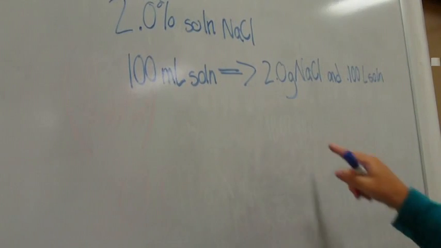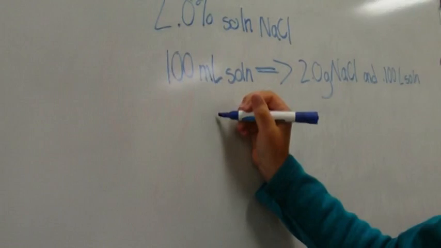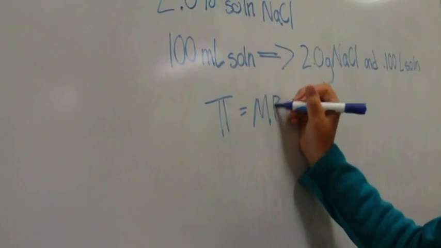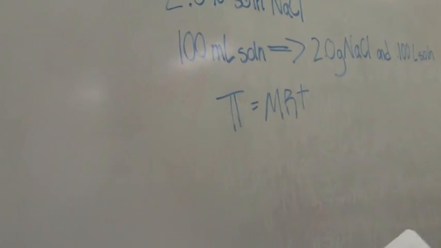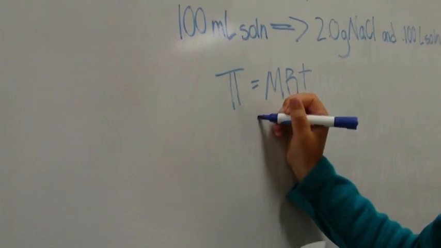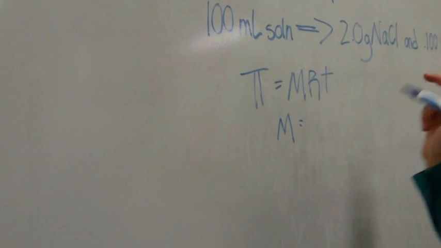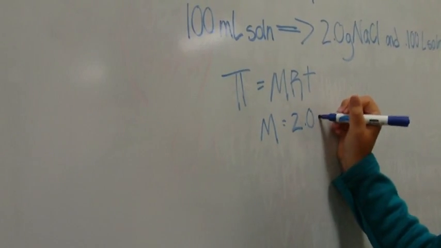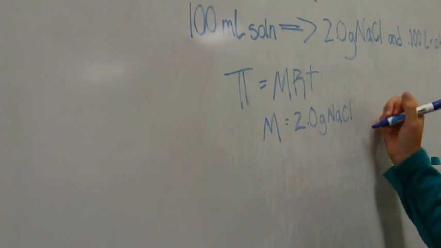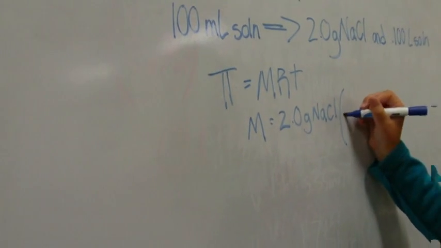Yes, that's important. All right, and then from there we're just going to use this equation: osmotic pressure equals MRT. To find molarity, we know that we're assuming that we're working with 2 grams of NaCl. To find the number of moles, we do some dimensional analysis.